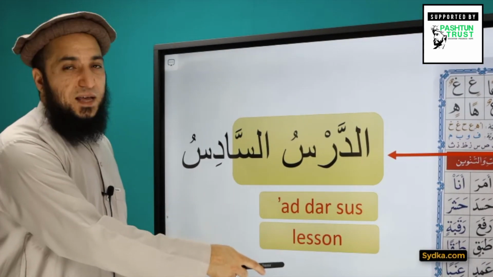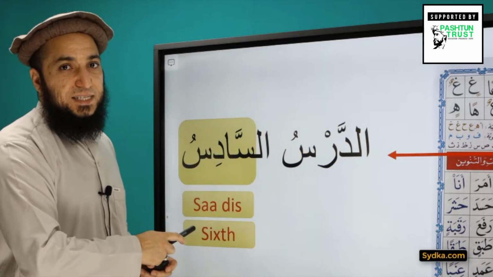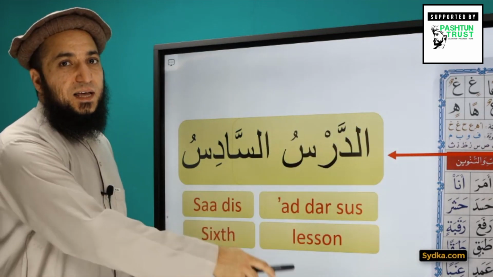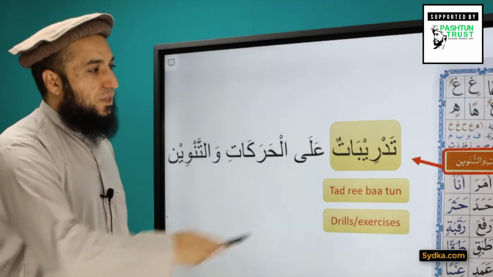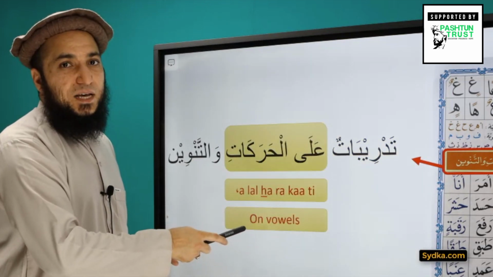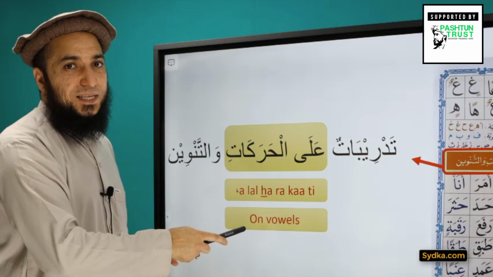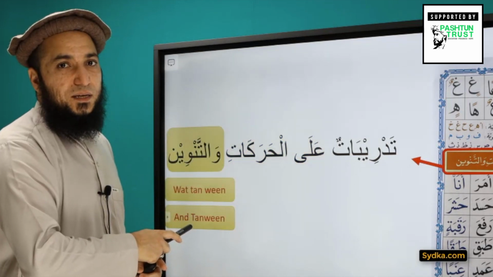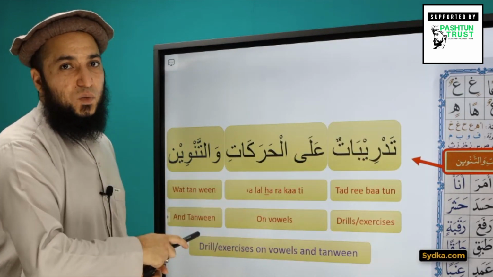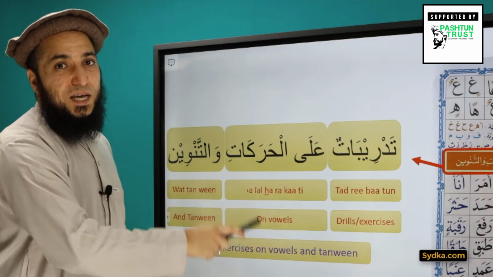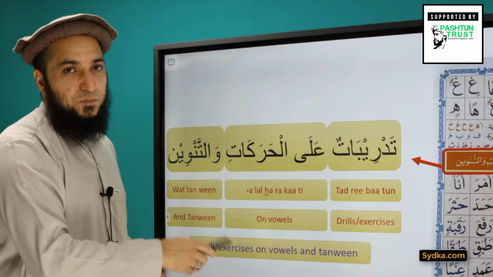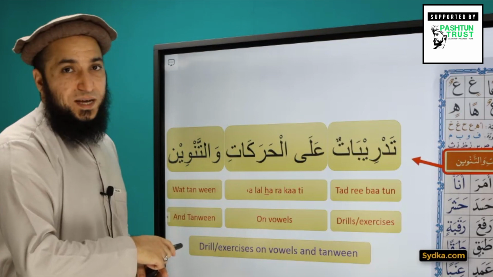الدرس السادس، تدريبات على الحركات والتنوين. تدريبات means drills or exercises. على الحركات that means on vowels. والتنوين and tanween.